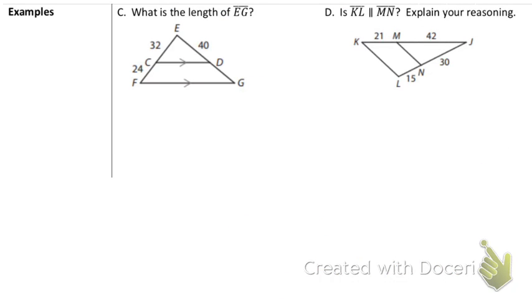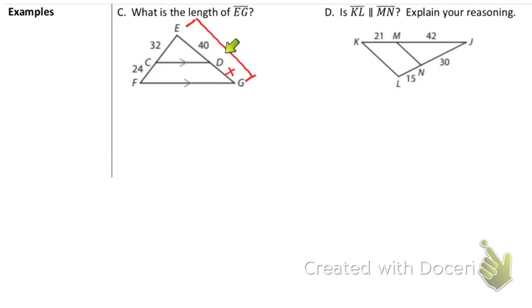Okay, so in example C, what is the length of EG? Again, I'm going to use the side proportionality theorem. So EG, real quick, I'm going to mark that from E to G. I'm trying to find that. So to use the side proportionality theorem, I'm going to label this missing side DG as x.